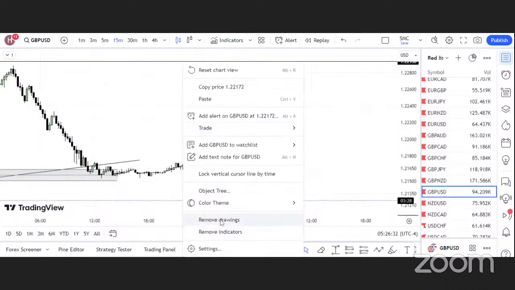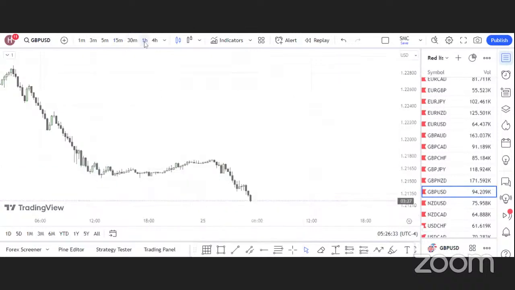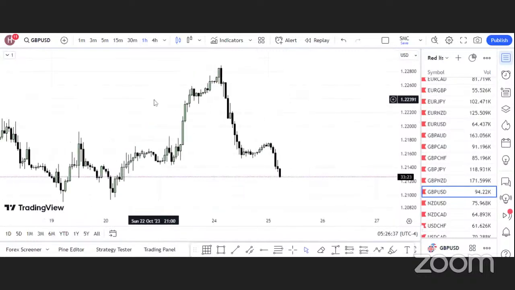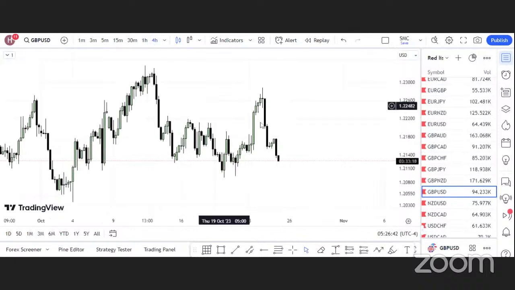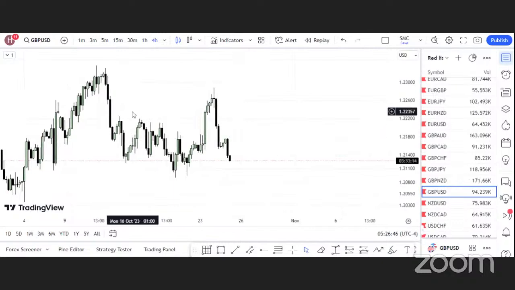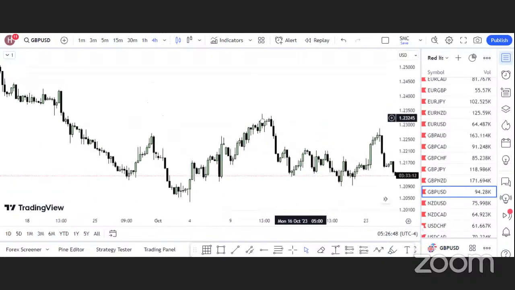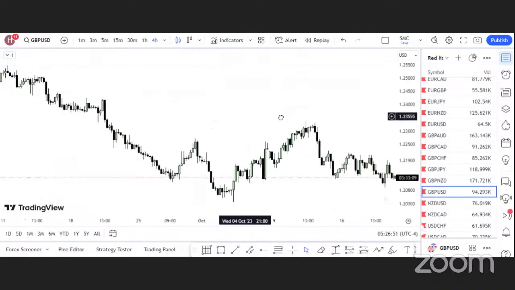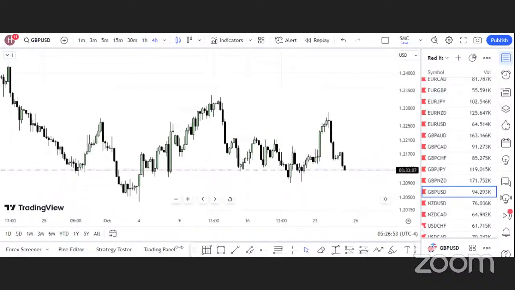So let's remove everything here. And the market has been trading to the downside for almost 2 days now. Okay. So we have the market heading to the downside. Around this area, we had this change of character.